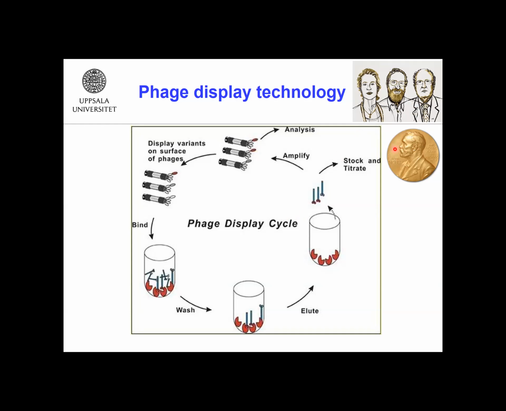Problem is that the short peptides which have been selected using such libraries had quite poor binding strength, poor affinity to the molecular target. That sounds strange because, in fact, the phages which carry those peptides were bound quite strongly to the target.